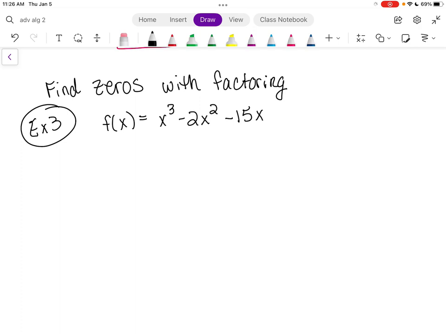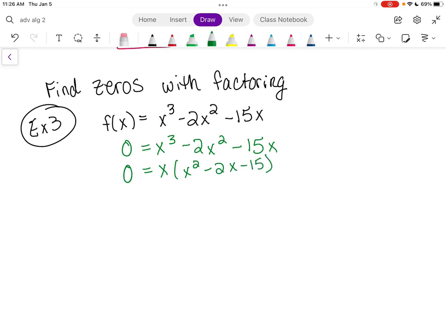The first thing I'm going to do is set this equal to 0, because remember, the x-intercept is where y is equal to 0. So if I set y equal to 0, I'm already trying to find those x-intercepts. X-intercepts are zeros. Then I'm going to factor this. So it's set equal to 0, I'm ready to factor. I notice that there's a greatest common factor, so I'm going to pull that one out first. So the greatest common factor is x.